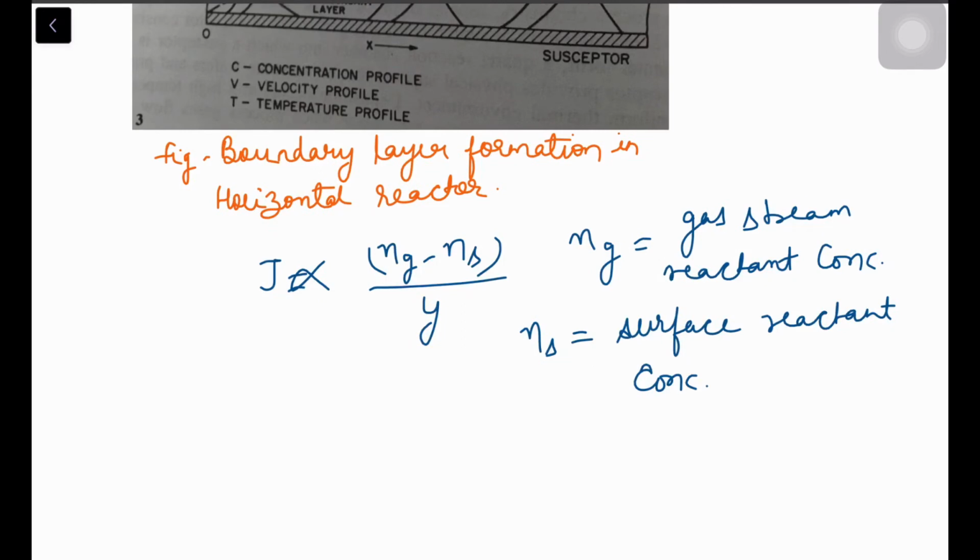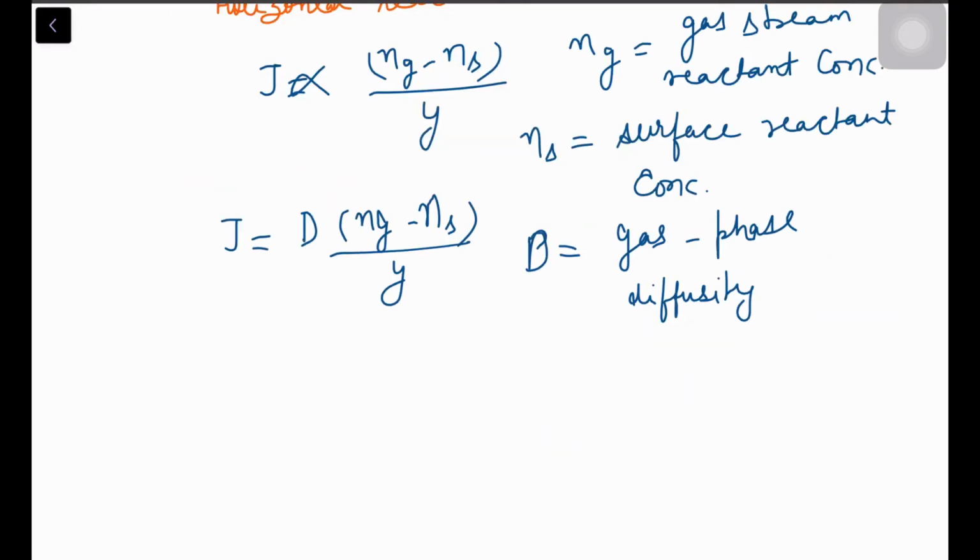The proportionality can be replaced by a constant D, so J = D (Ng minus Ns) upon Y, where D is the gas phase diffusivity, which is a function of pressure and temperature, and Y is the thickness of the boundary layer.